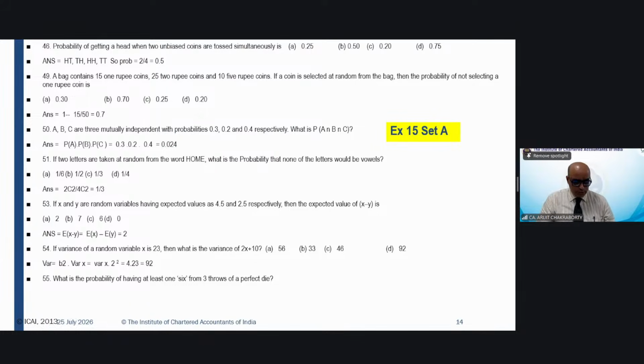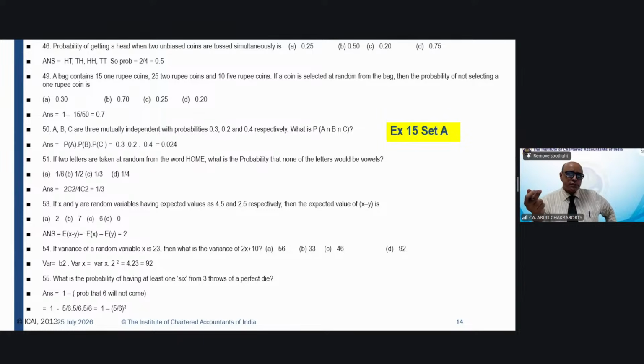55th question, what is the probability of having at least one 6 from 3 throws of a perfect die? A perfect die is thrown 3 times. What is the probability of having at least one 6? So the question is again an application of the complementary event. Probability of having at least one 6 means 1 minus the probability of having no 6.